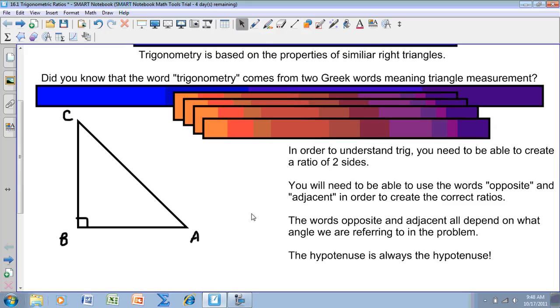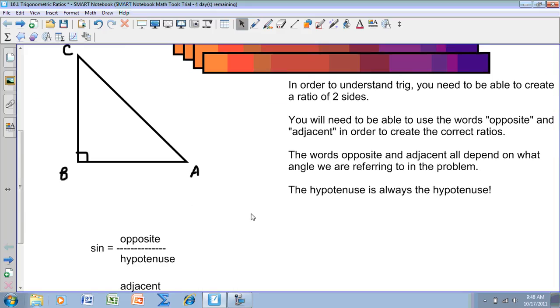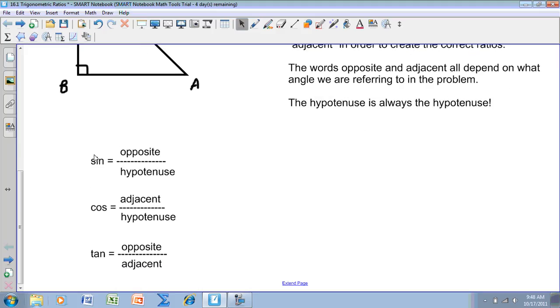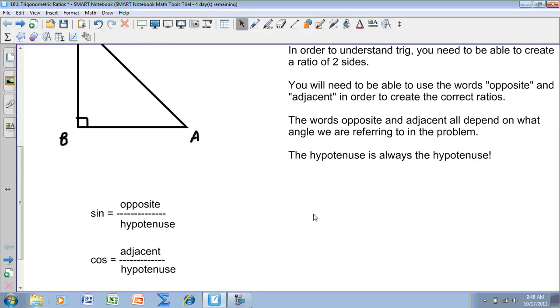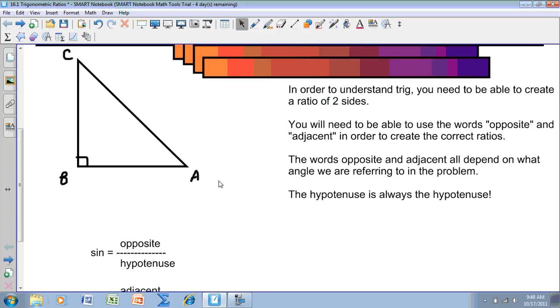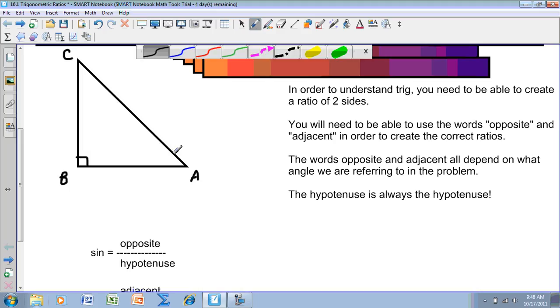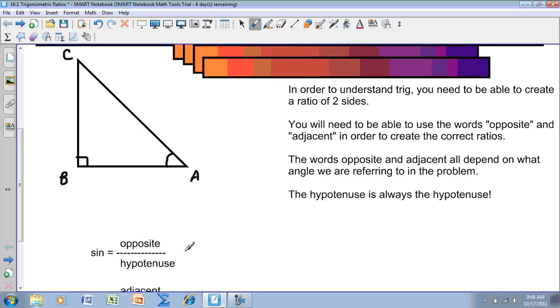I guess we probably need to create some definitions for what the sine is, what the cosine is, and what the tangent is. Well, the sine of an angle is created by putting the opposite side over the hypotenuse. So back here, if we were going to try to do the sine of A, here's angle A. What is opposite that?